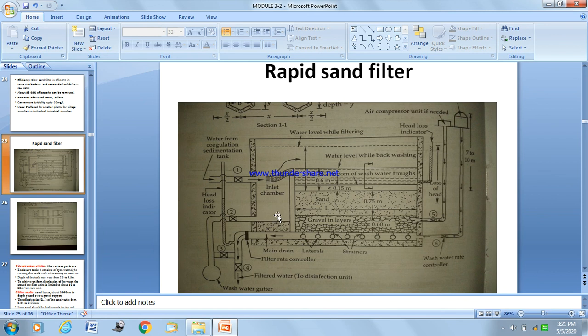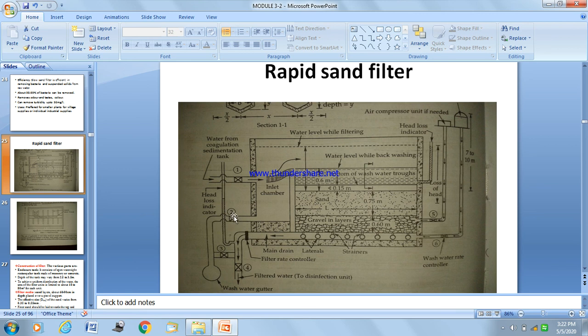So now you close 5 and 6 and you open the second valve, so that all the dirty water comes out, and you can remove this dirty water.